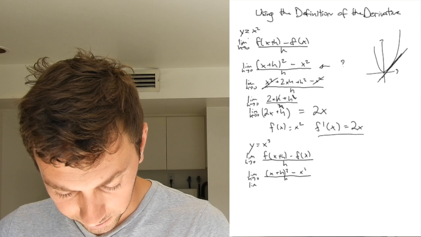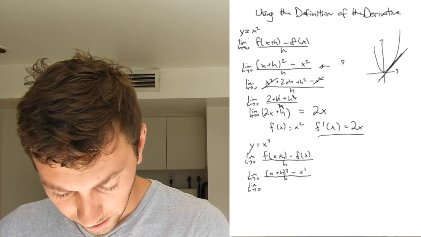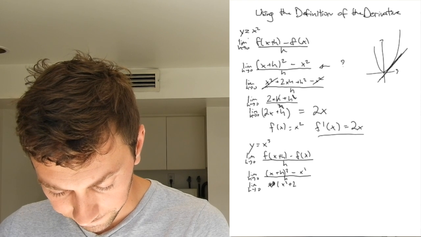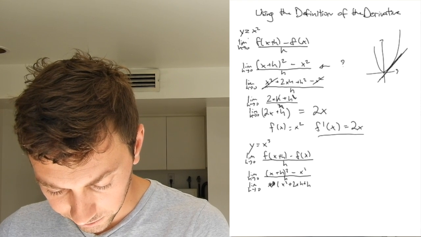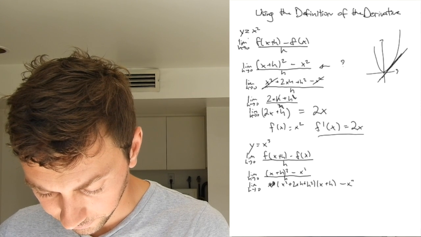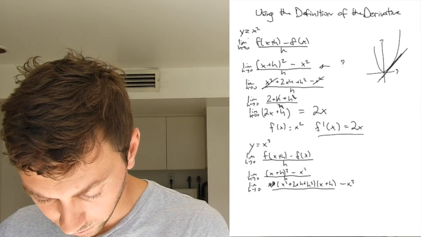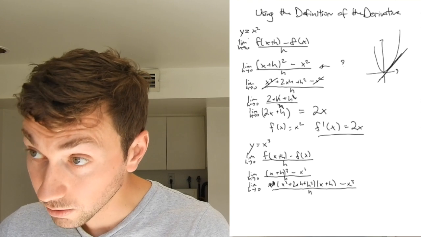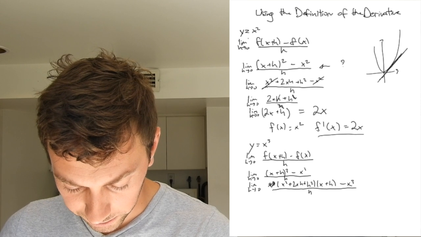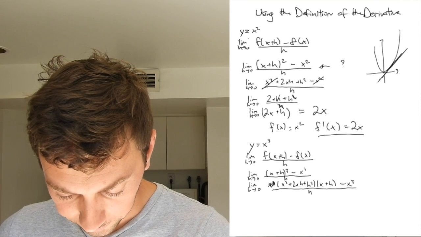And then the limit as h goes to 0, x plus h cubed. Oh, sorry, I FOIL it. This is times another one, over h. Okay, so now I did this big foiling thing.